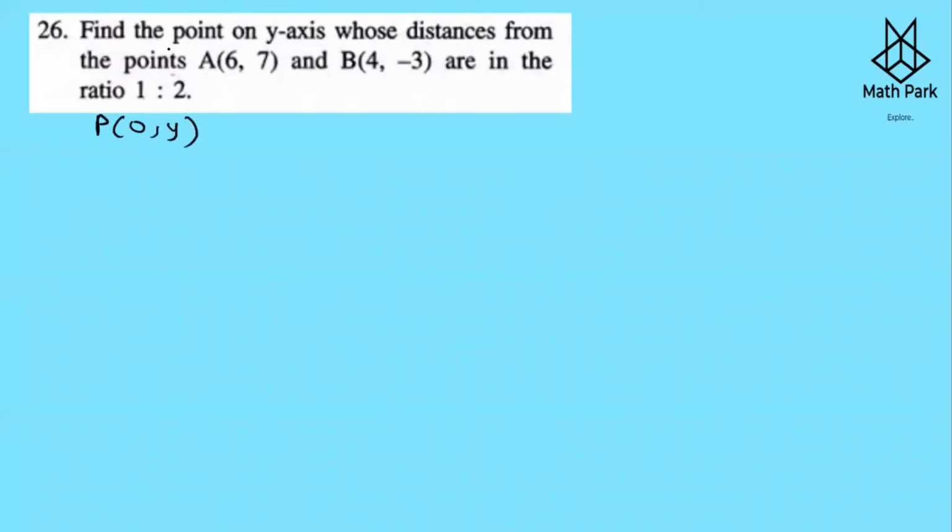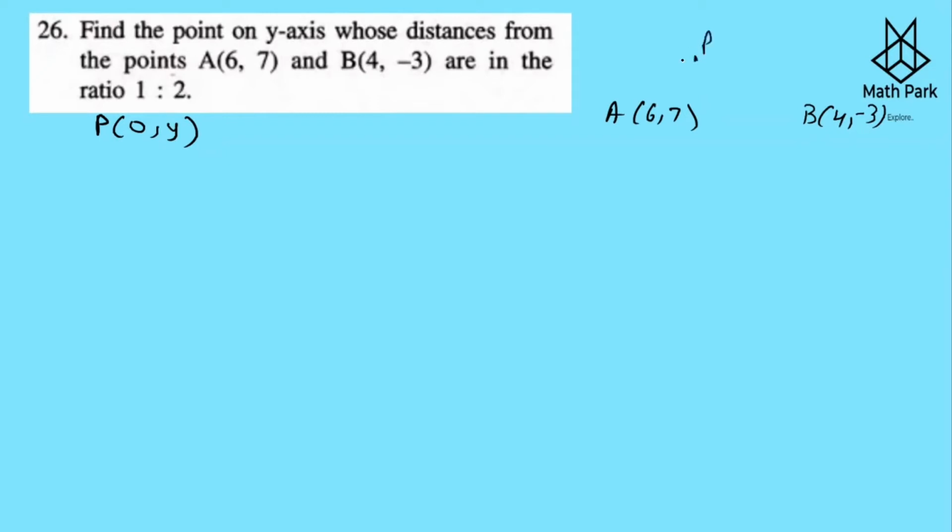Okay. Now it says to find the point on the y-axis whose distances from the points A and B are in this ratio. So suppose A is this point (6, 7) and B is another point (4, minus 3). There is one point P over here, and the distances AP and BP are in the ratio 1:2.